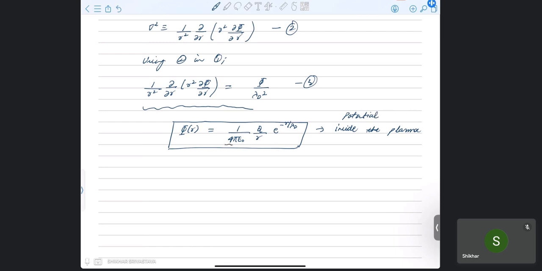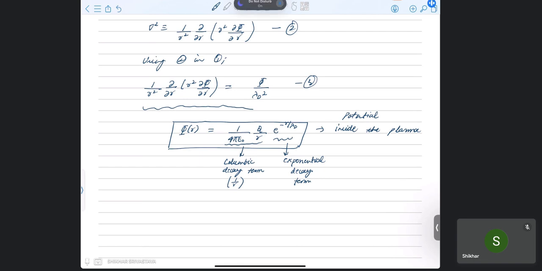It has two terms. The first is the Coulombic decay term, which decays because it varies as 1 by r, so with increase in r the potential will decrease. The second is the exponential decay term. So basically there are two important terms in this plasma potential: the Coulombic decay term and the exponential decay term.